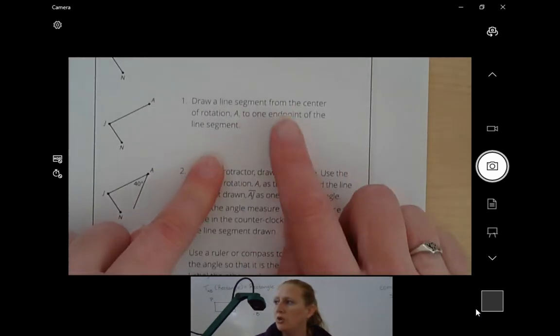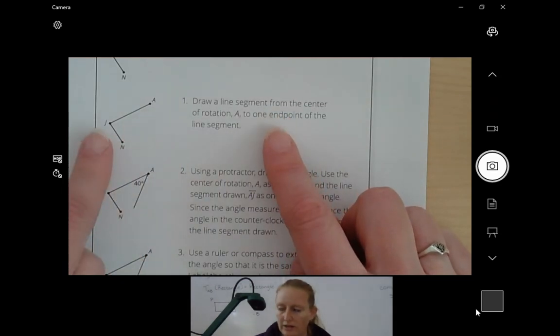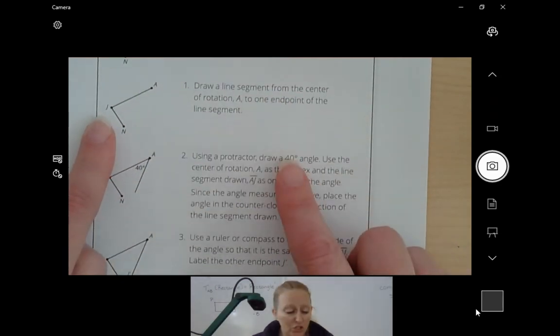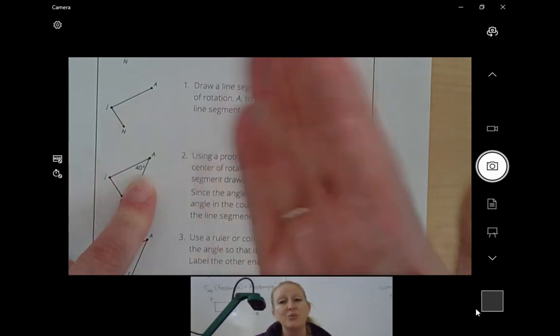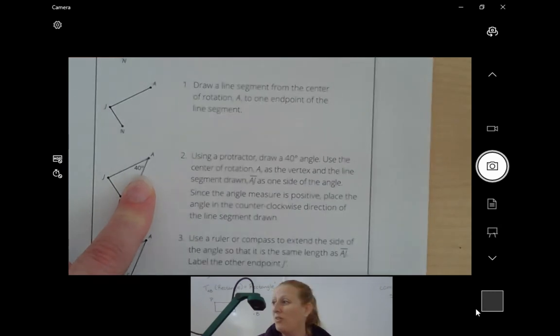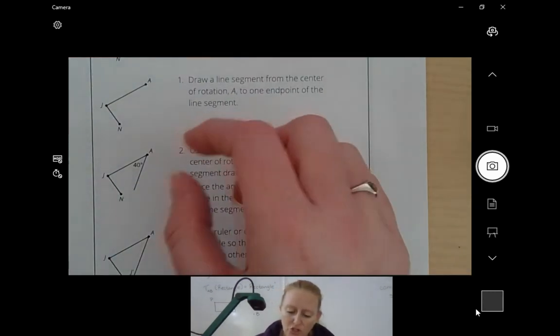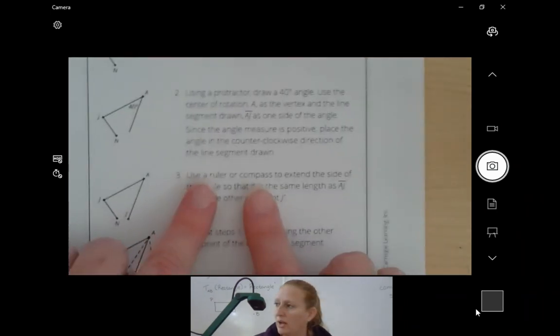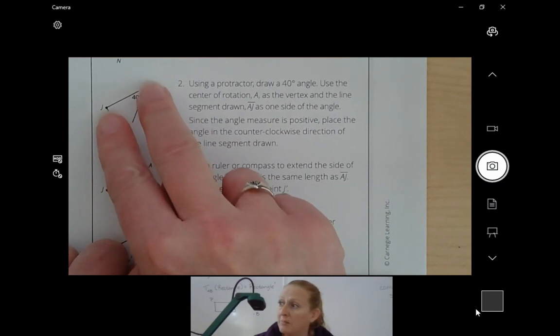To do this, we draw a line segment from the center of rotation to one of my endpoints, and then we use our protractor to measure out that 40 degrees. Since it's positive, we're going counterclockwise. Please remember that. Then I need to use a ruler or a compass to measure how long that side should be. It should be the same as this length.